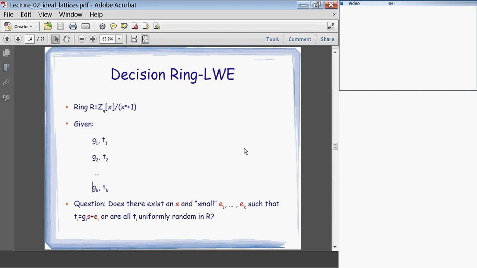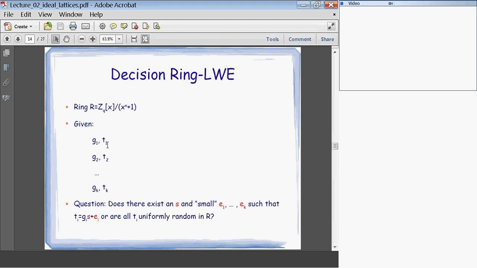And the idea from the decision perspective is that, let's say you are given two polynomials, G2 and, let's say, T1. And the polynomial T1, or vector, looks random. So you don't see any patterns in the components of vector T1.